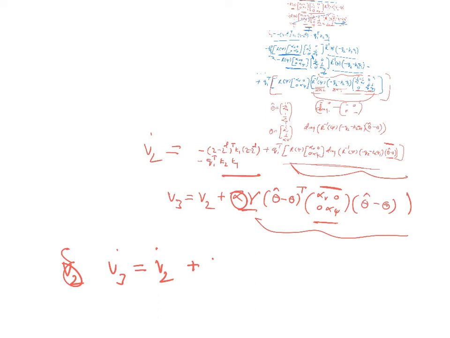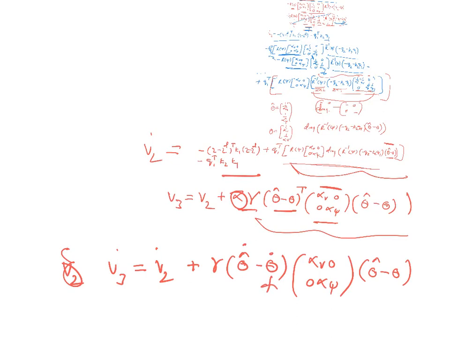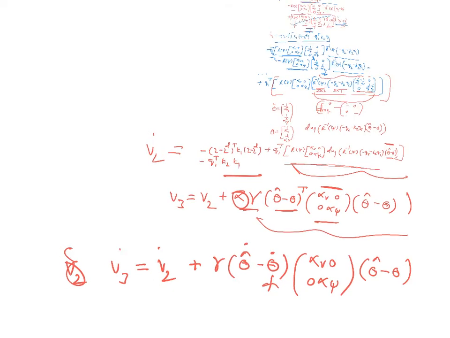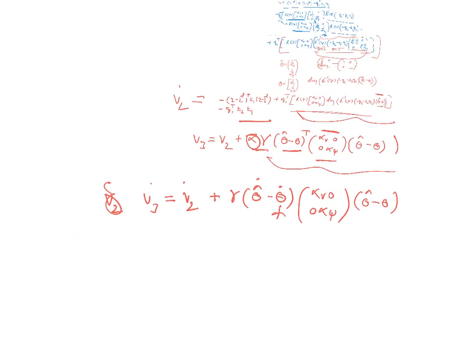So for now let's just take gamma. So this will be theta hat dot minus theta dot and alpha v 0 0 alpha psi theta hat minus theta. Remember, theta is constant, so theta dot has to be 0. So this is 0, right?